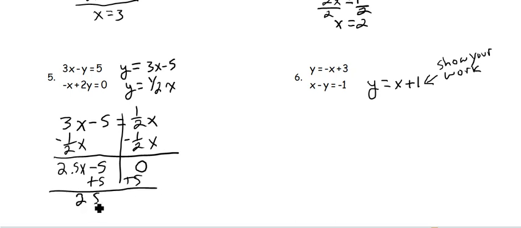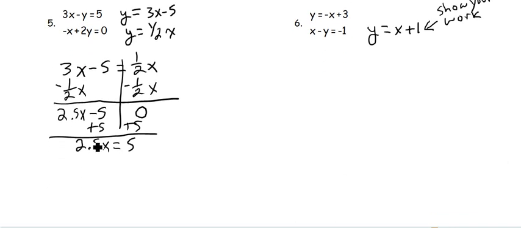I have 2.5x equals 5. A little more space down here. Divide by the coefficient of x. I have x equals 2.